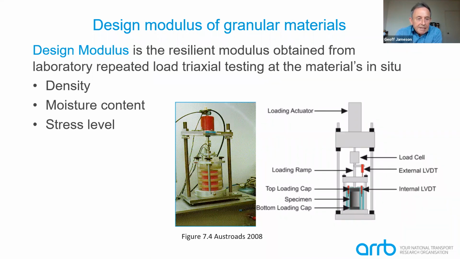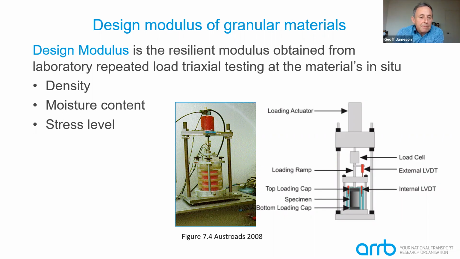The moisture contents are more difficult to assess in terms of what moisture contents the results should be at. And the road agencies often specify a minimum degree of saturation or percentage of optimal moisture content at which they would seal the pavement ready for opening to traffic.